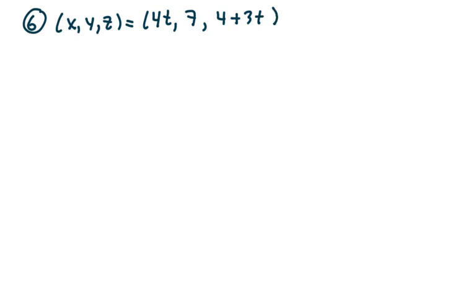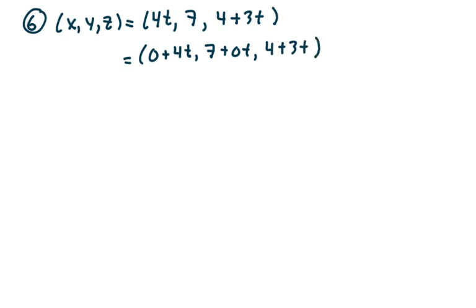Let's take a look at 6. Suppose (x, y, z) is equal to (4t, 7, 4 plus 3t). Okay. Now, I'm going to do this too, all right? I'm going to write this as (0 plus 4t, 7 plus 0t, 4 plus 3t).